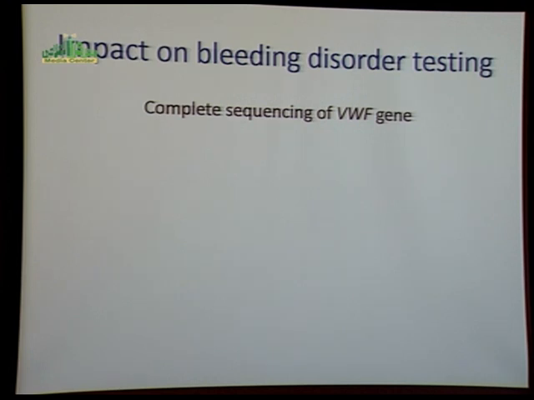So our impact on the bleeding disorder testing is that von Willebrand factor, which has 52 exons, and which we previously undertook by Sanger sequencing as 55 separate amplicons, is now much more straightforward. And rather than analysing specific regions of the gene associated with particular phenotypes, we just look at the entire gene in virtually all of the patients referred.